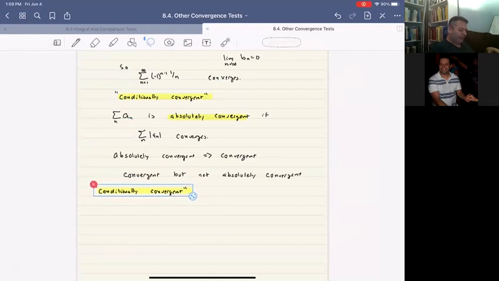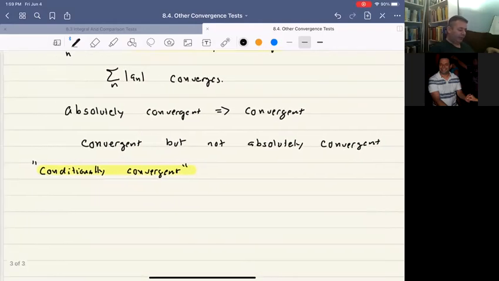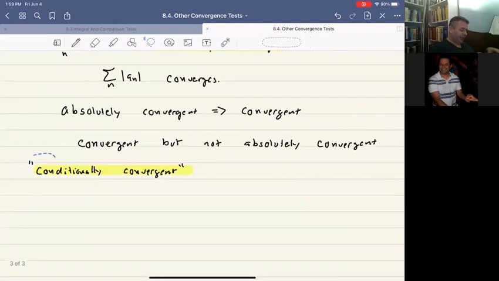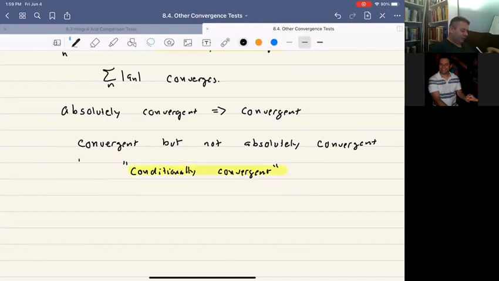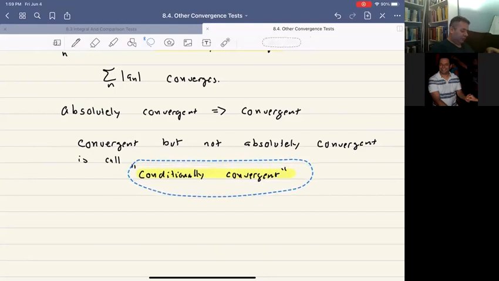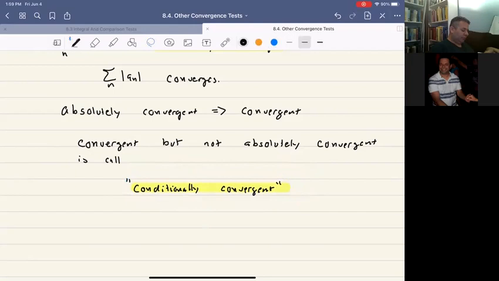I'm not sure if the book uses that term, but it is the proper term. So that way we have a language to use. We don't have to say convergent but not absolutely convergent.